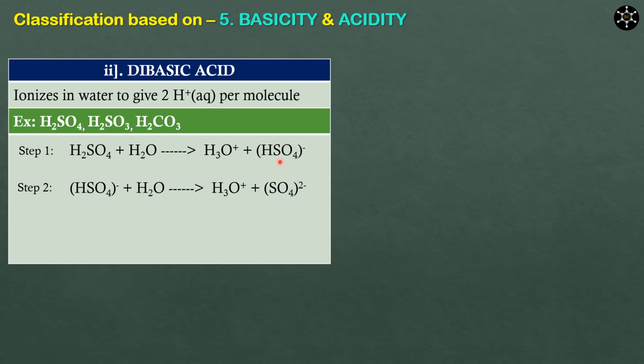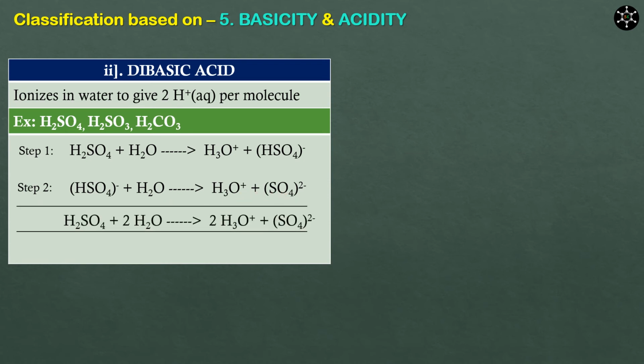This HSO4- ion in step 2 loses one H+, giving one H3O+ and one sulfate ion. Summing up, we can see one sulfuric acid giving two hydronium ions, meaning the basicity of dibasic acids is 2.